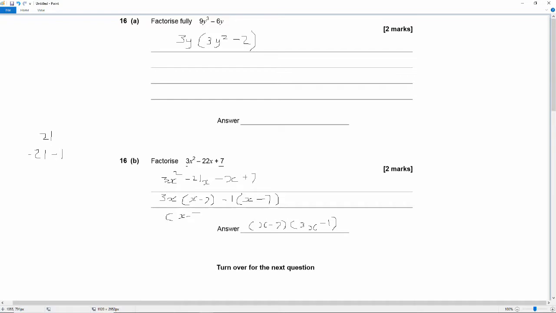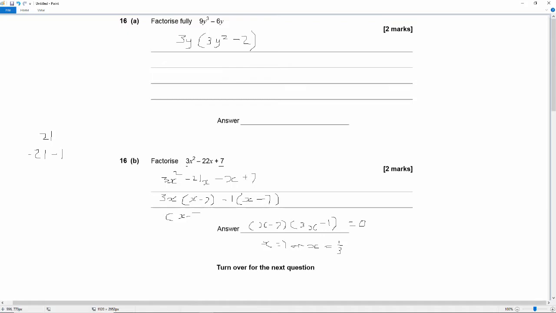So if you just imagine that it equals naught and then you try and solve it, say x is equal to 7 or x is equal to 1/3. Yeah, okay, you've shown off what you know, but you're actually wrong to do it because they asked you to factorise an expression. They didn't ask you to solve an equation.